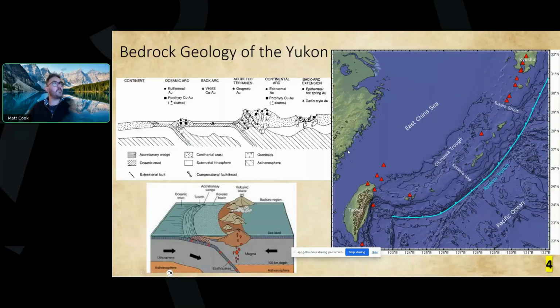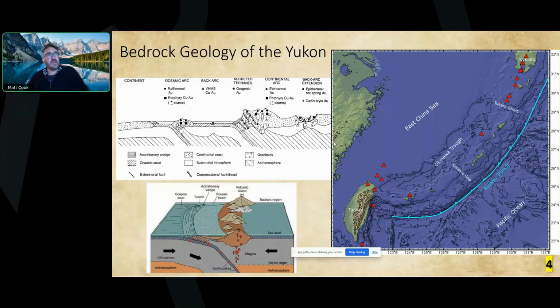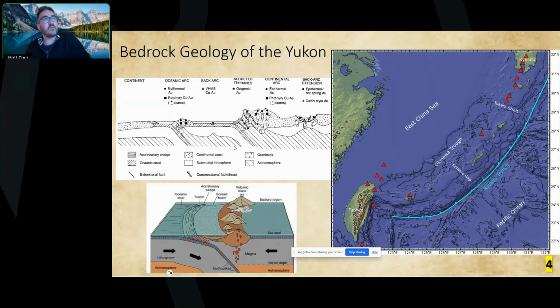So, the bedrock geology of the Yukon. What's the setting that we're talking about? A modern analog is probably something like the Japanese islands and the Ryukyu Trench. So we're talking about a back arc environment, an oceanic arc environment, and each of the terranes that we're looking at in Canada are historic remnants of a previous arc system.